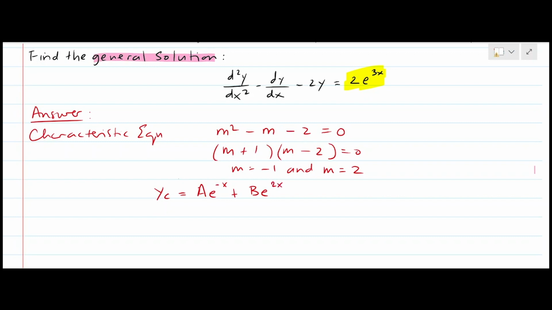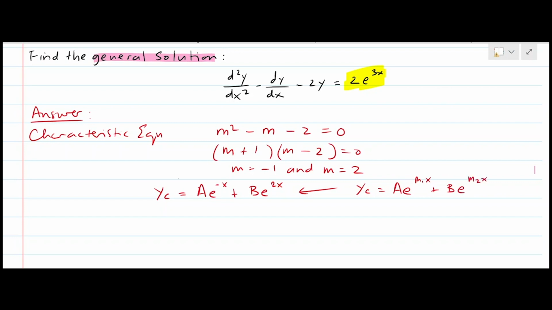This actually comes from the overall form of a times e to the m1x plus b times e to the power of m2x.